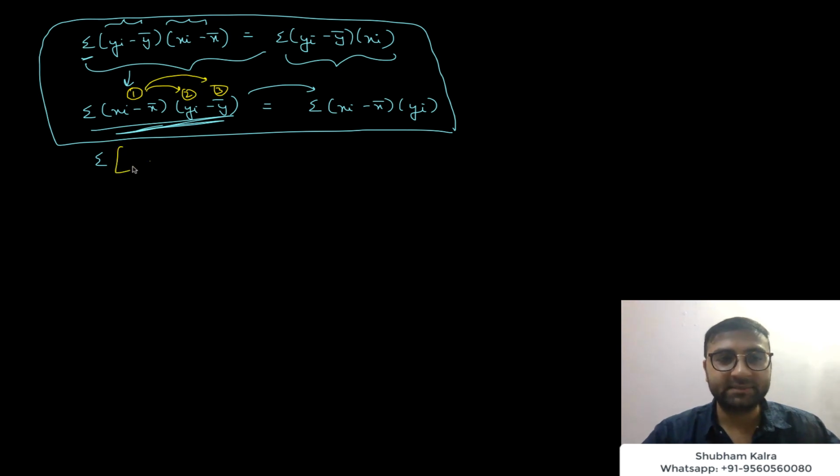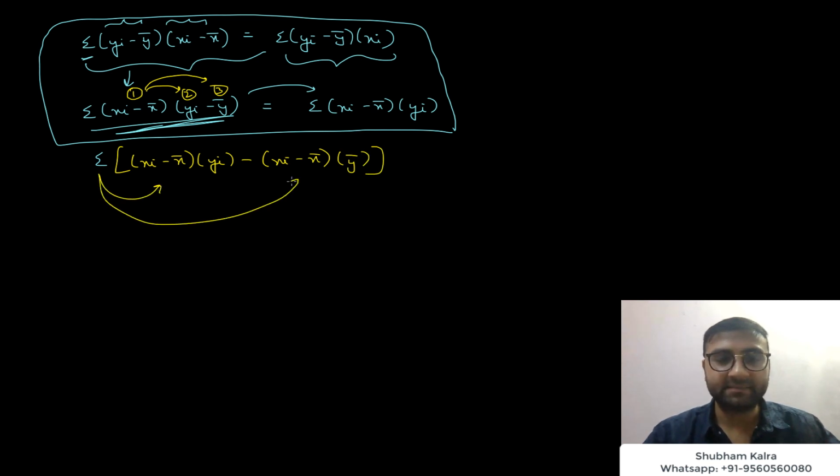So I'm going to get summation xi minus x bar multiplied by yi minus xi minus x bar multiplied by y bar. And now apply summation on this term and on this term. So this is equal to summation xi minus x bar multiplied by yi minus summation xi minus x bar multiplied by y bar.